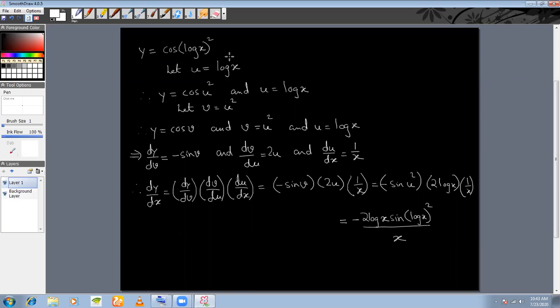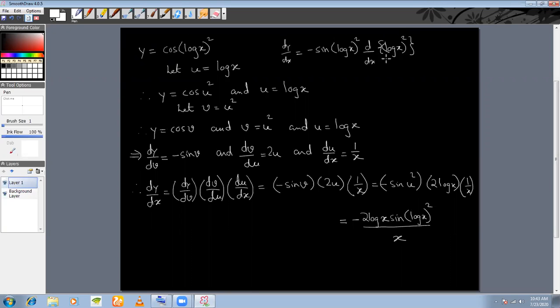If you had differentiated directly, how would you do? dy/dx is equal to, first we'll differentiate cos, and you get minus sin of log x square into d/dx of log x square.